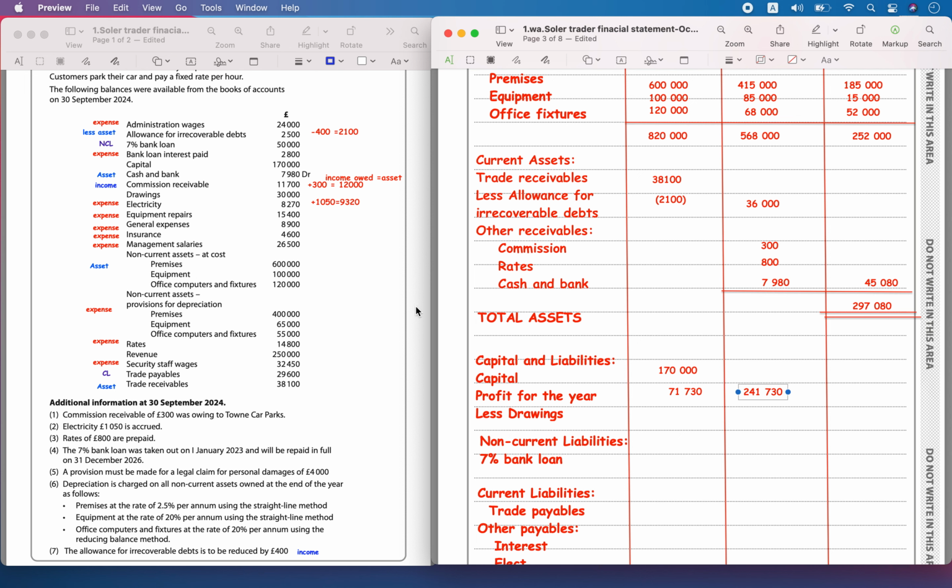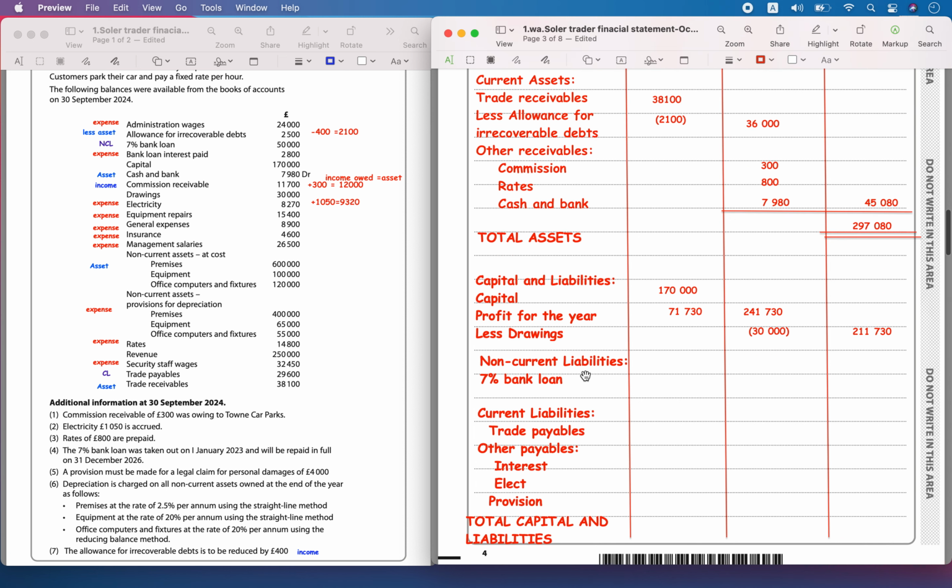Now let's do the less drawings. The drawings were 30,000, so we have to subtract the drawings from this total of capital and profit. 241,730 minus 30,000 is going to be equal to 211,730.